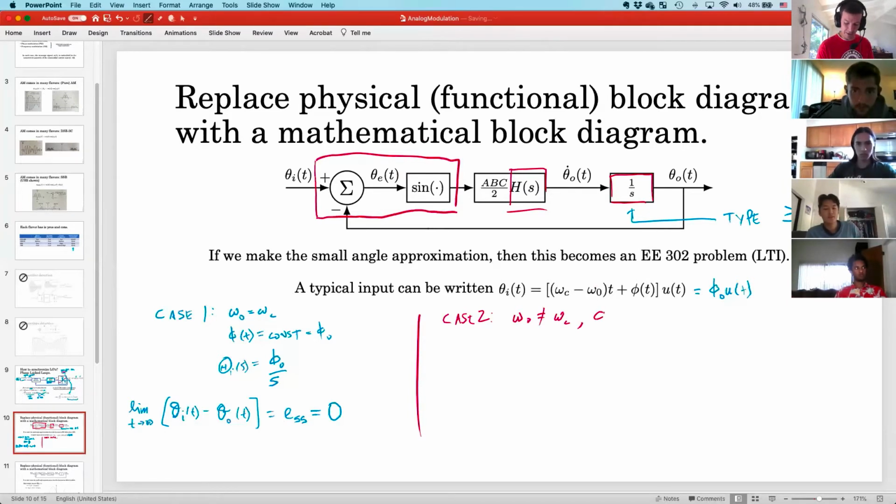And I say expecting, like omega c was the quiescent frequency of the VCO, but omega naught is the frequency that we're seeing come into the PLL. And let's say that the phase as a function of time is again a constant. All right, so this is the part that I would like you to help me with. What is the Laplace transform of the input now?